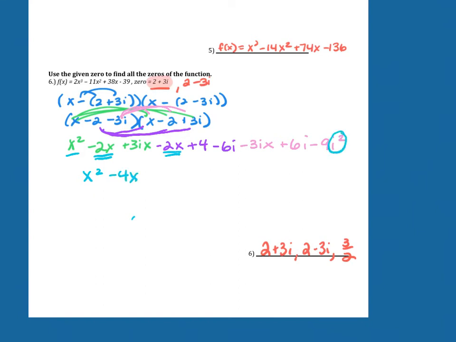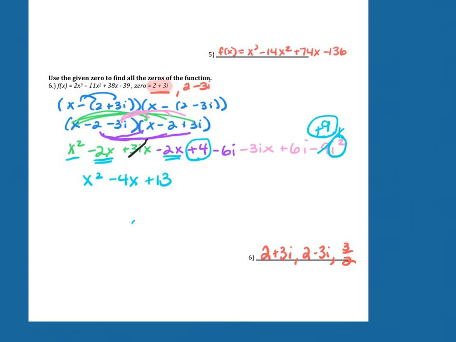This i squared becomes negative 1, so this becomes a positive 9. 4 plus 9 is 13. If I've done it correctly, all the terms that have an i should cancel out. So positive 3ix and negative 3ix, negative 6i and positive 6i should cancel. I tend to do that step first to make sure my i's are gone, because that's another indication you did something right or wrong, okay?